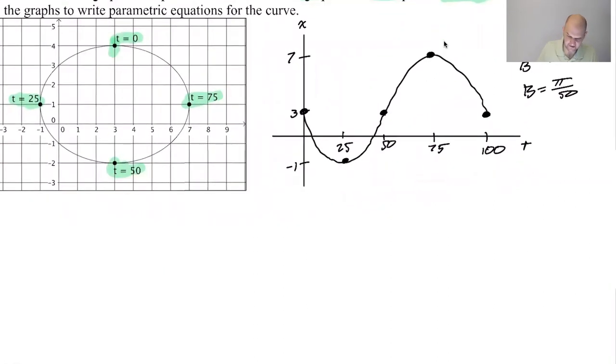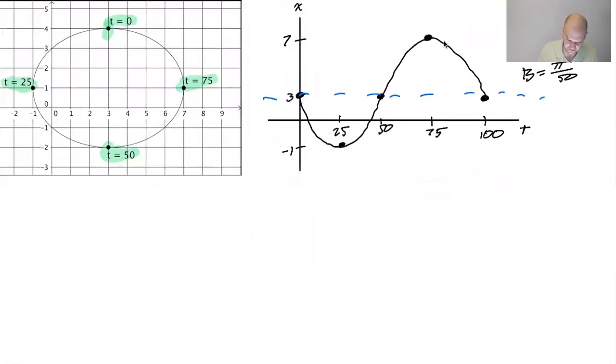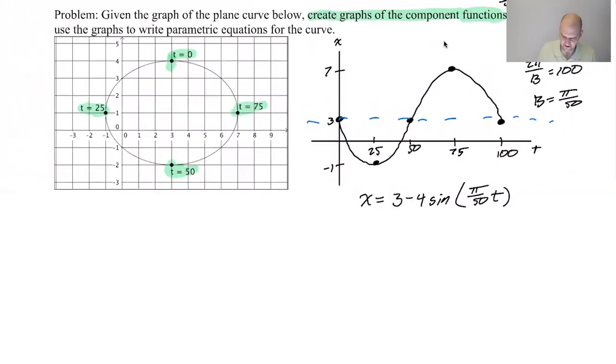And so the sinusoidal axis, we can see is 3. The amplitude you can see is 4. And it's got a negative coefficient because it starts in the middle and goes to a minimum. So this is going to be x equals, I'm going to start with the coefficient. I'm going to say 3 and then -4. It's a sine curve, pi over 50, and then t. I think that'll do it.